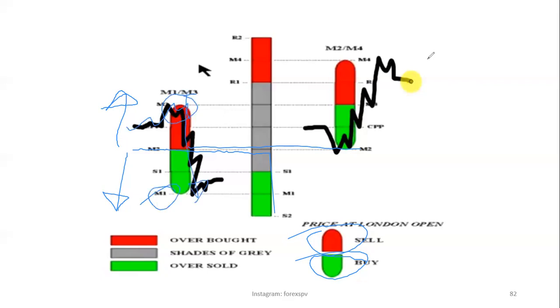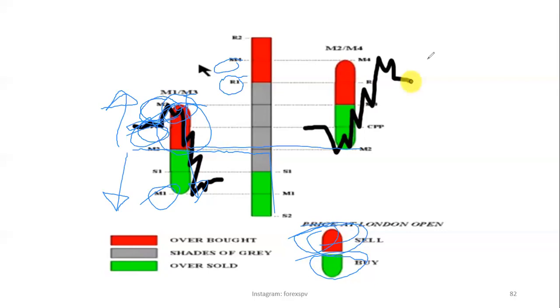But how I use this pivot is that any pattern forming around the overbought area, from M3 going to R1 going to M4.